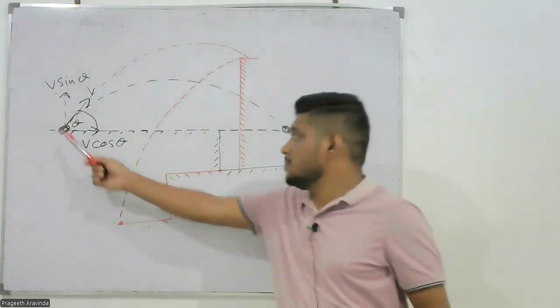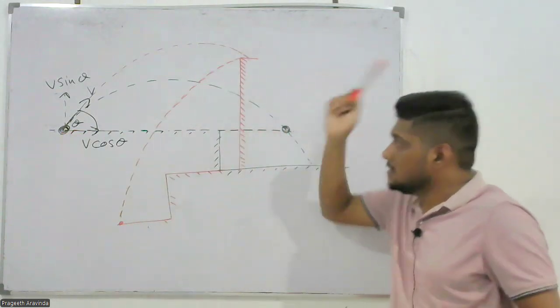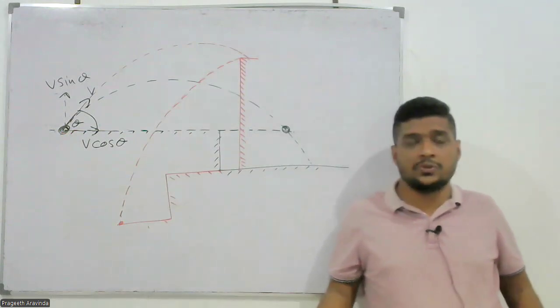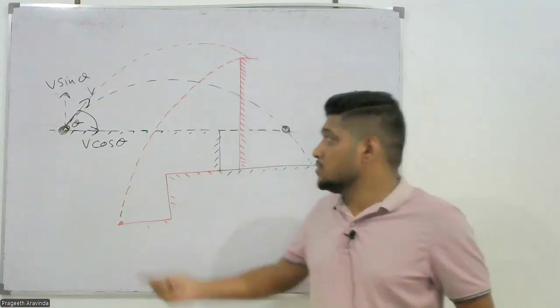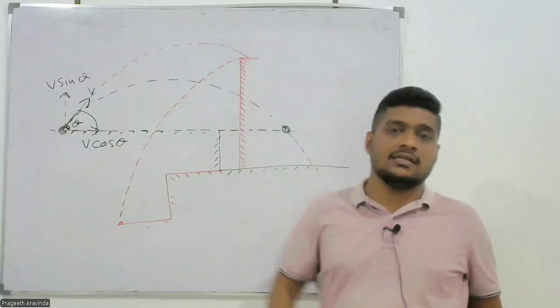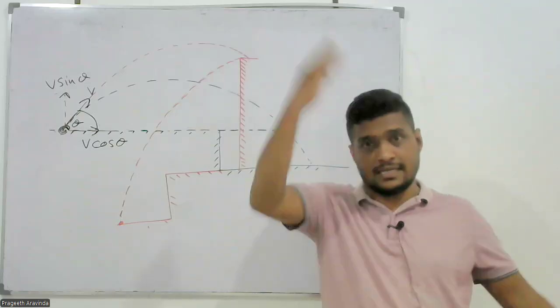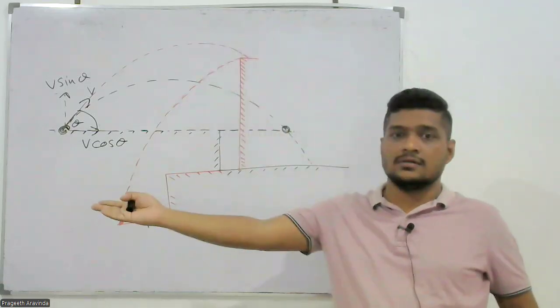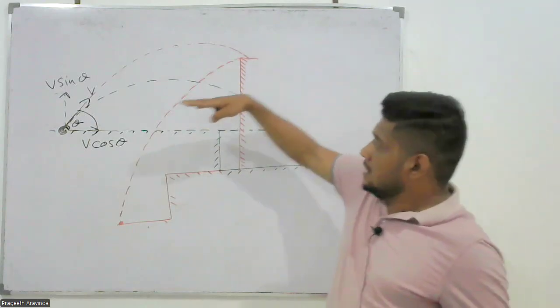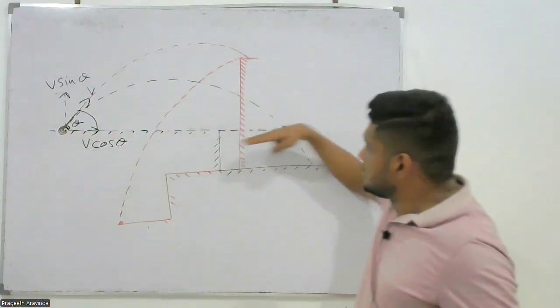Zero. The vertical displacement is zero. When you put the equation for the vertical direction, you don't need to worry about the range. Horizontally, it went up and came down. It starts from this point and ends at this point. Right? Horizontally, it's on the same level.